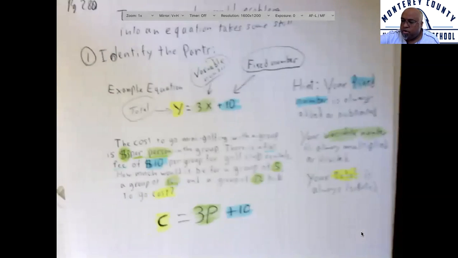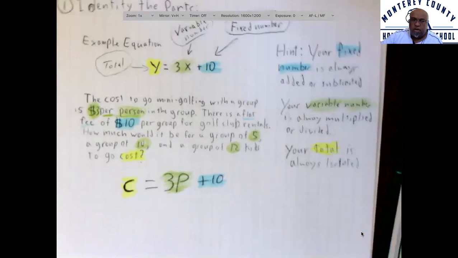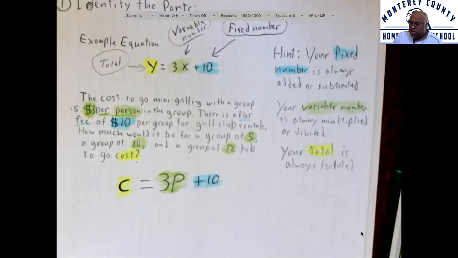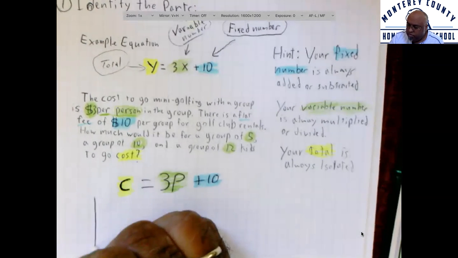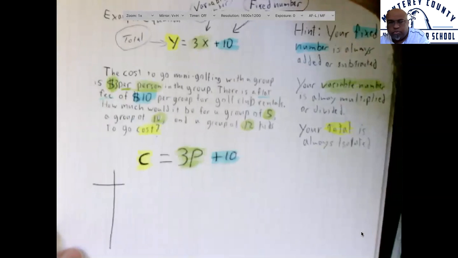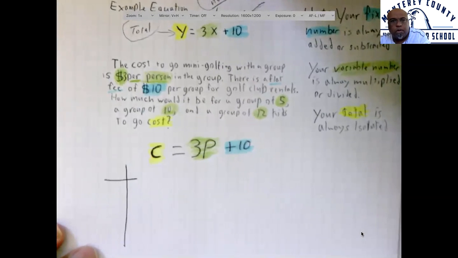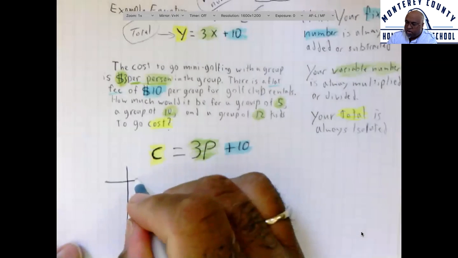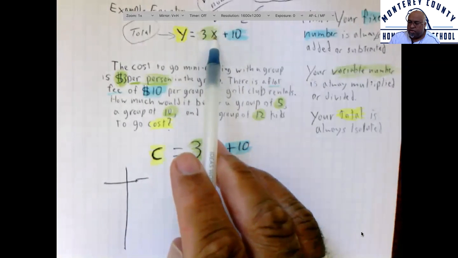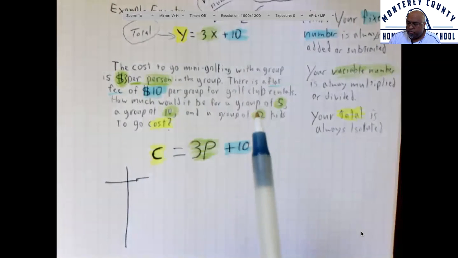Now, what we're going to do is put this information into a table. Okay. Now, in a typical table, we call our values x and y. Now remember the original equation we wrote. We have x here and we have y here. Okay.